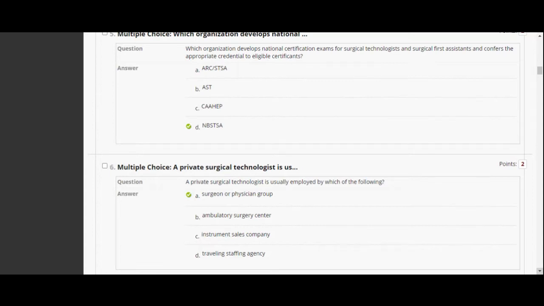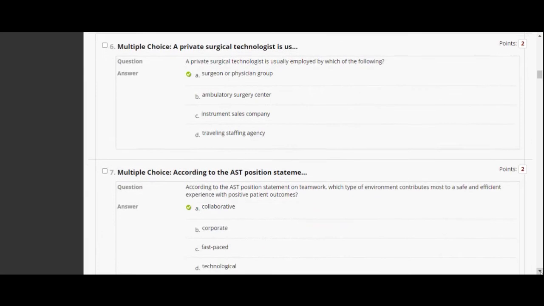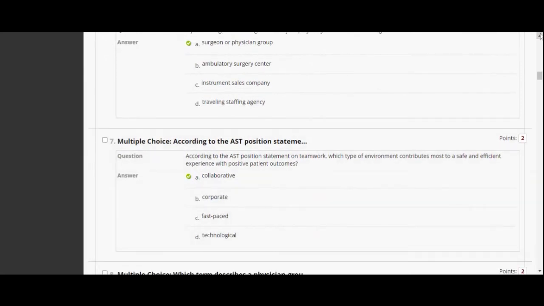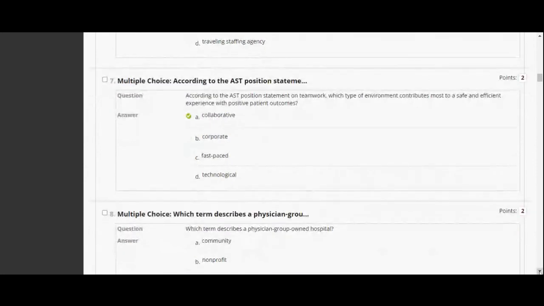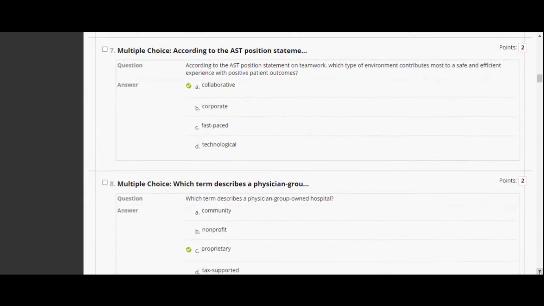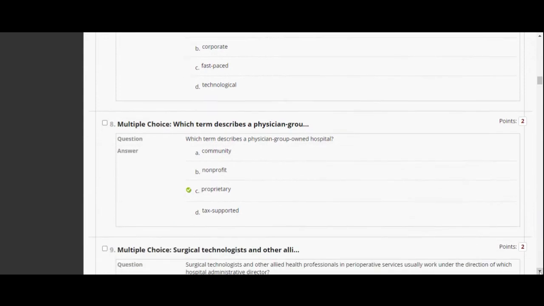And that's your NBSTSA. A private surgical technologist is usually employed by which of the following? And that's a surgeon or physician group. According to the AST position statement on teamwork, which type of environment contributes most to a safe and efficient experience with positive patient outcomes? Collaborative.